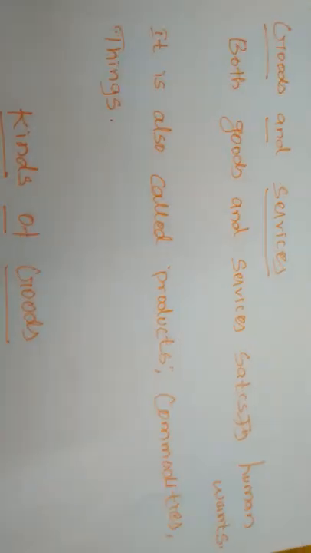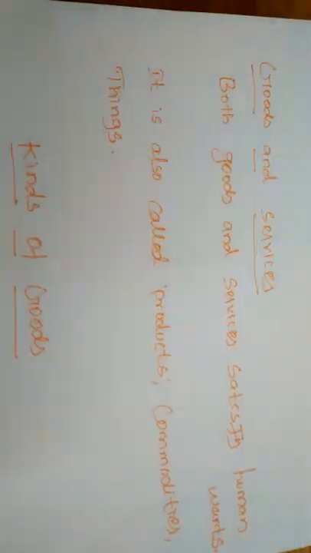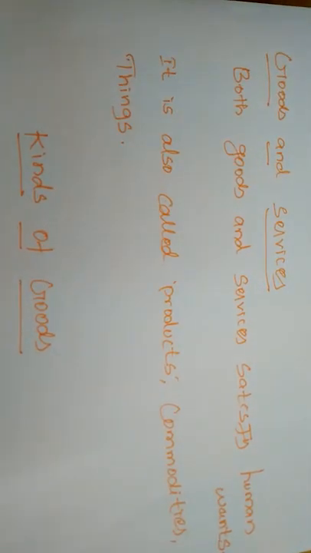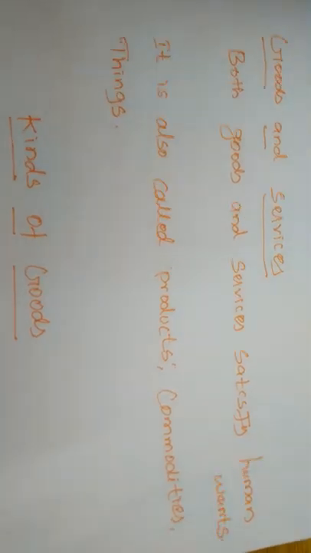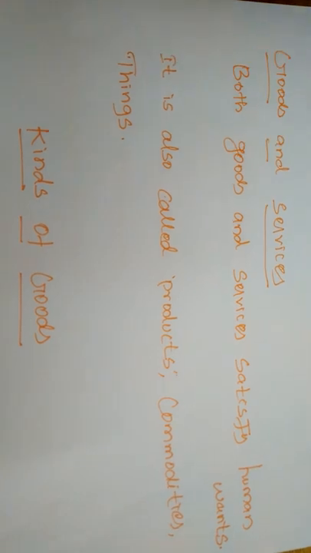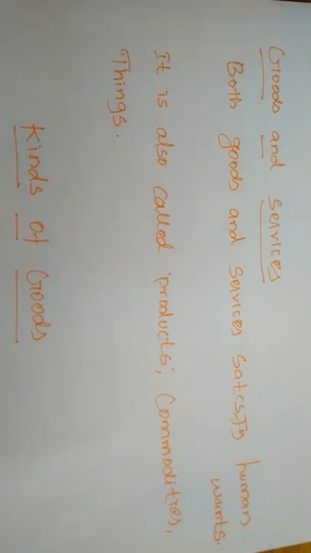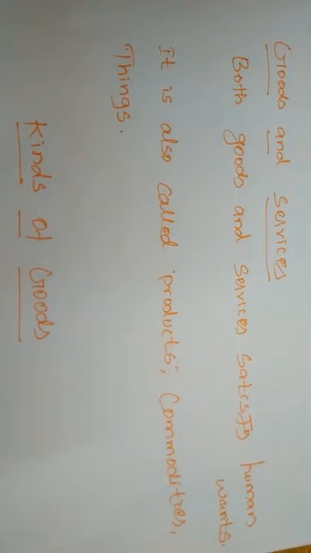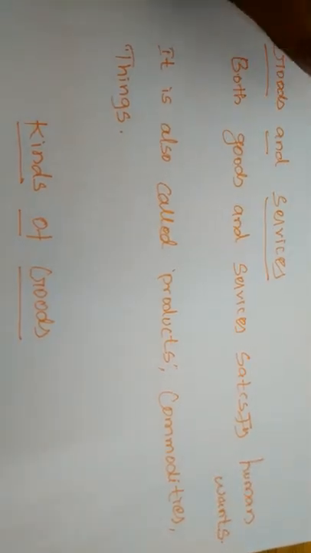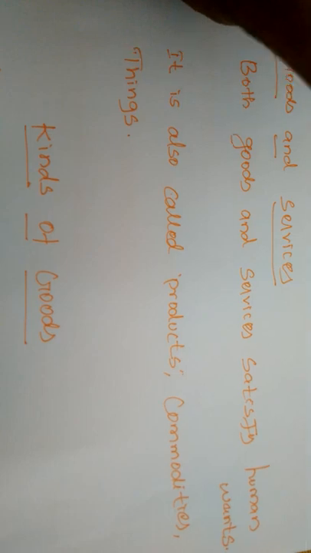These commodities can be transferred from one person to another. Goods are owned by some persons, held by a single person or owned by one person. And it is transferable. Transferable means it can change from one person to another person.